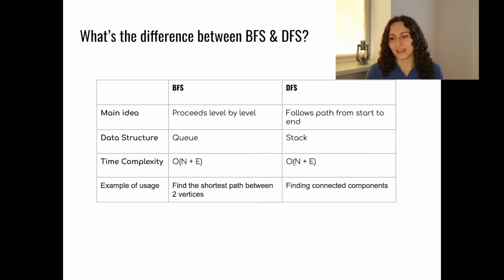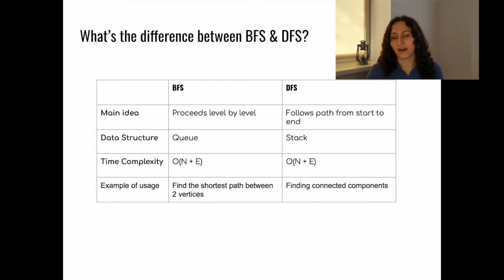Of course, it's just one line of code during implementation, but, well, there are some other differences as well. So, of course, the most important difference between these algorithms is the main idea. The main idea of breadth-first search is that it proceeds nodes level by level, and DFS, depth-first search, proceeds nodes in different order.